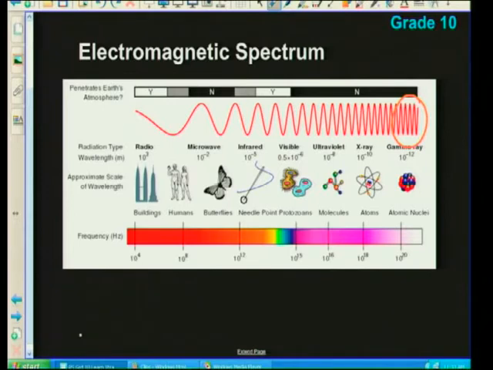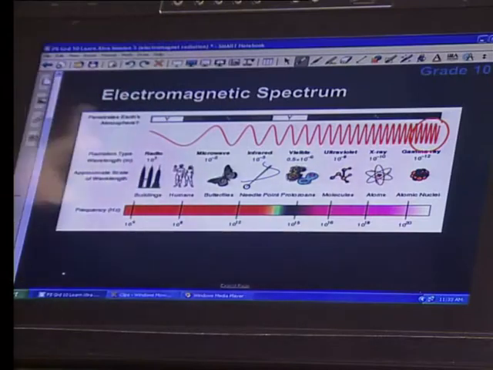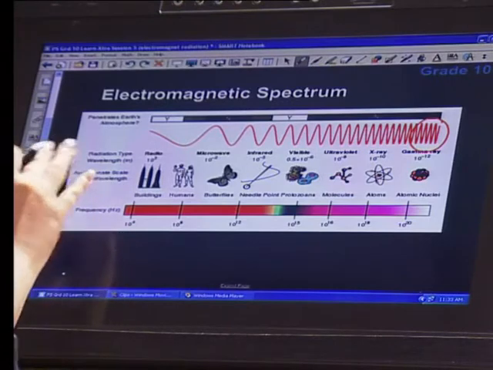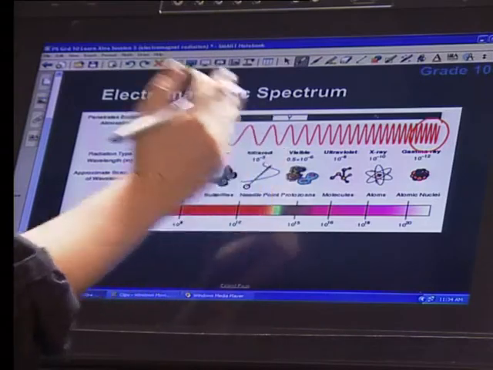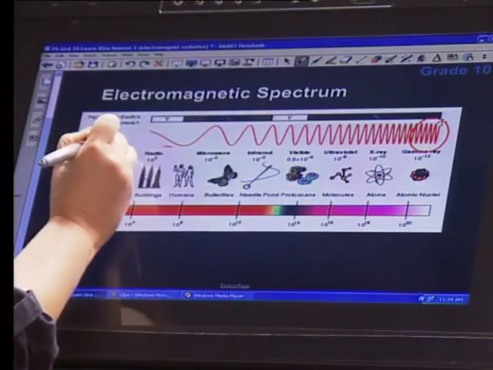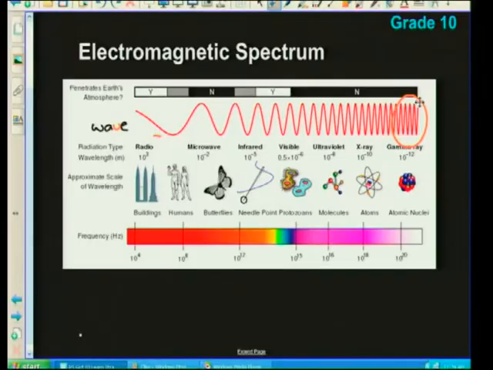And in fact, remember we said earlier that light can behave as both a wave and a particle. What scientists have realized is that when we have very long wavelengths, like the radio waves, these waves have a wave nature, all of these.